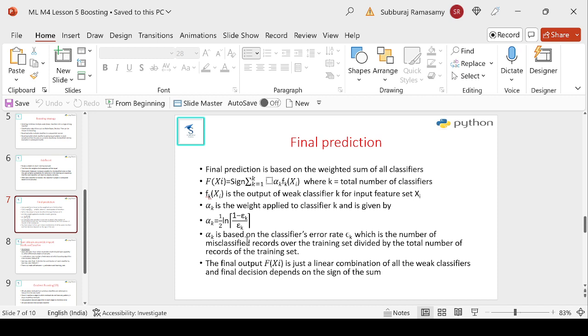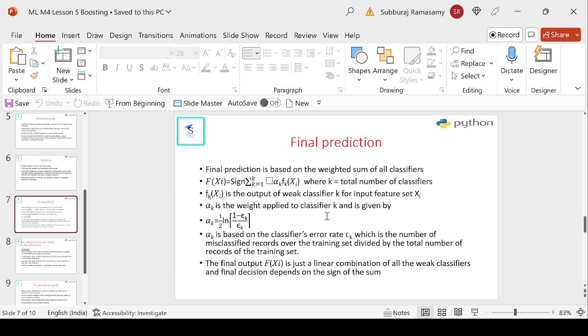So alpha_k is based on the classifier error rate epsilon_k, which is the number of misclassified records over the training set divided by the total number of records of the training set. So it's basically error. The final output value f(xi) is just a linear combination of all weak classifiers, and the final decision depends on the sign of the sum. So this is how you get the final.